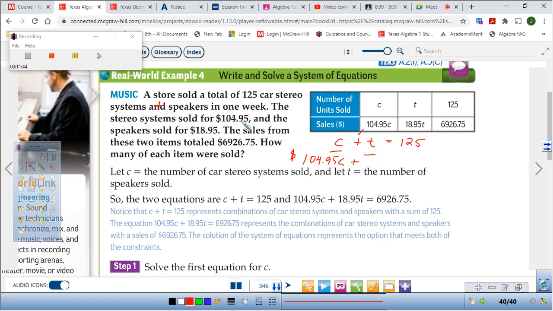T is speakers, and each speaker is 18.95, so we're going to go with 18.95 T. Money equals money. And there it is. Pretty easy. Those are your two equations. Solve one for one variable, T or C, plug it into the other one, and work from there.